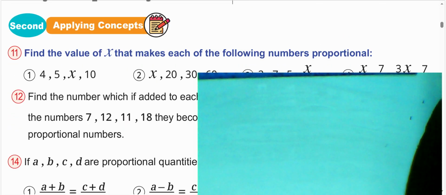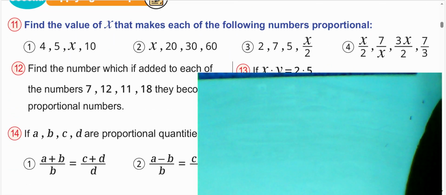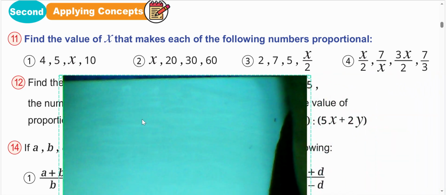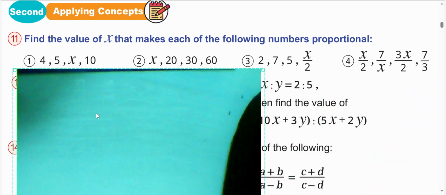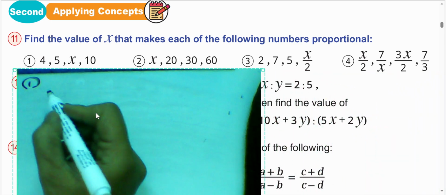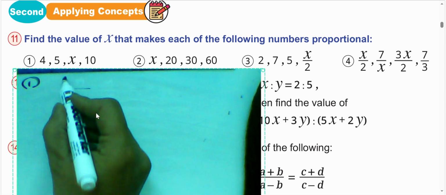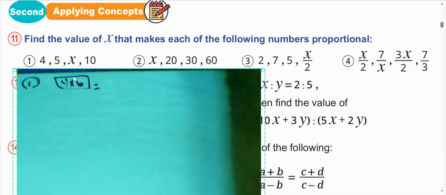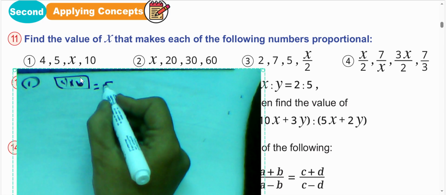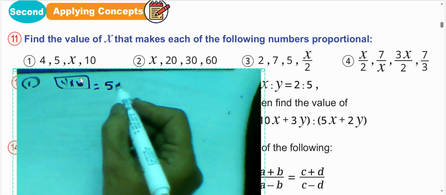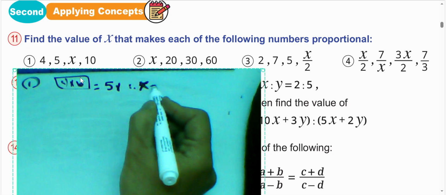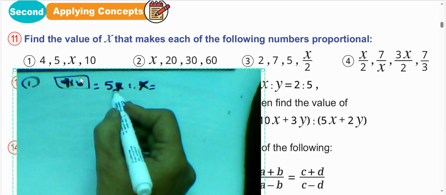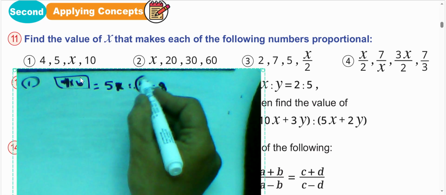Next question. Find the value of x that makes each of the following proportional. Number 1. We have 4 times 10. The product of extremes, 4 times 10, equals 5 times x. The product of extremes equals the product of means. And the value of x will be 40 divided by 5 equals 8.